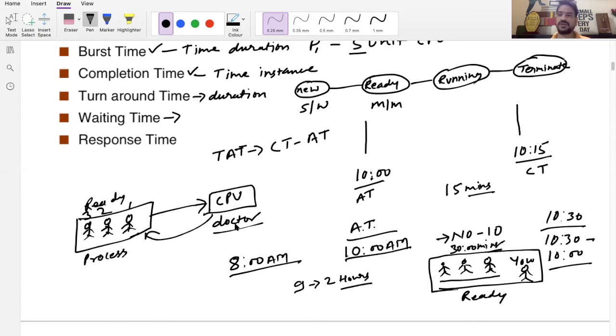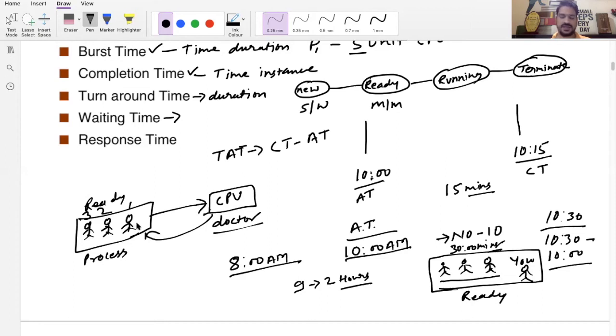So the doctor will stop the diagnosis of the current patient, tell him to wait in the queue, and take the high priority patient into the chamber and diagnose. The same thing happens to the CPU. The CPU takes the high priority process when it comes into existence, and puts the low priority process into the ready state again.